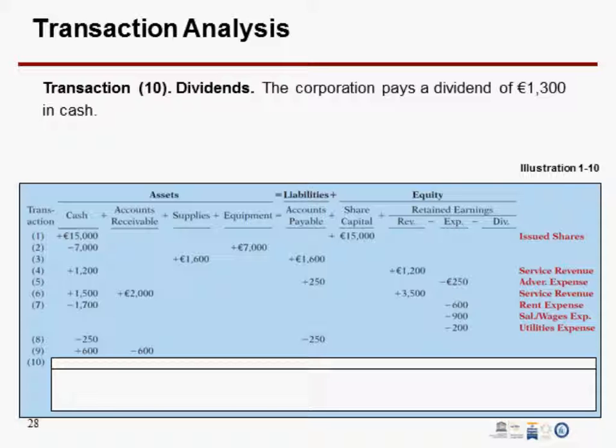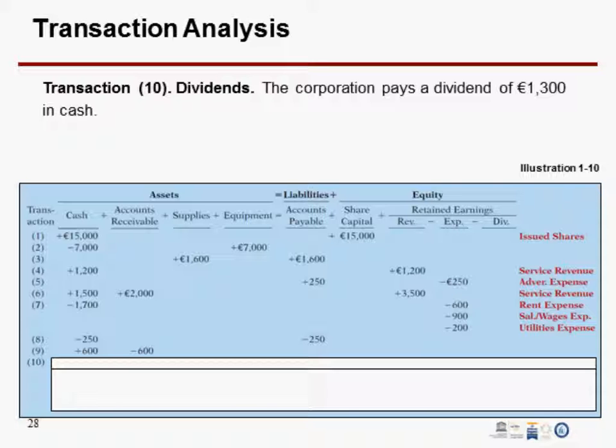total cash is supposed to be 8,050, accounts receivable 1,400, supplies 1,600, and equipment 7,000. So total assets are supposed to be 18,050 euro, and the liability is supposed to be 1,600, and share capital 15,000.